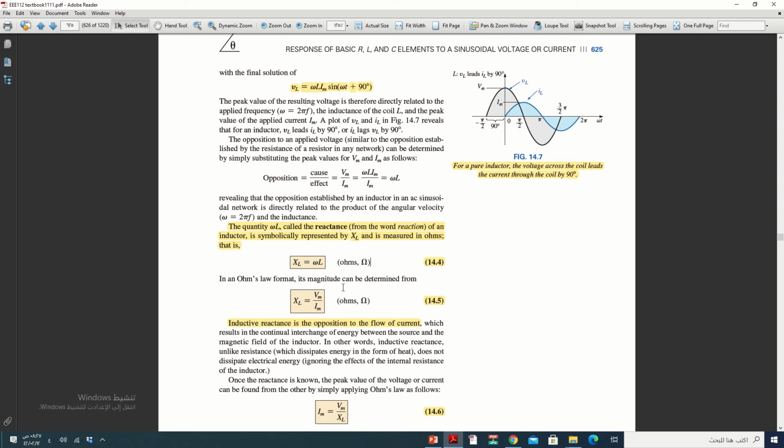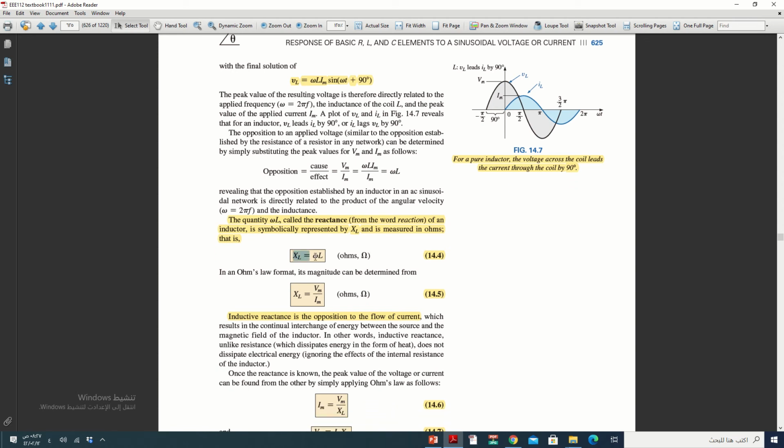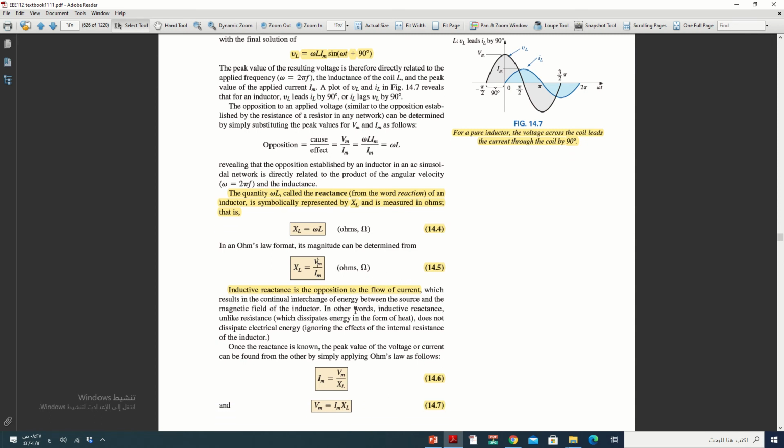You can find XL by omega L, or XL equals Vm over Im, so you can see it's similar to Ohm's law. Inductive reactance is the opposition to the flow of the current.